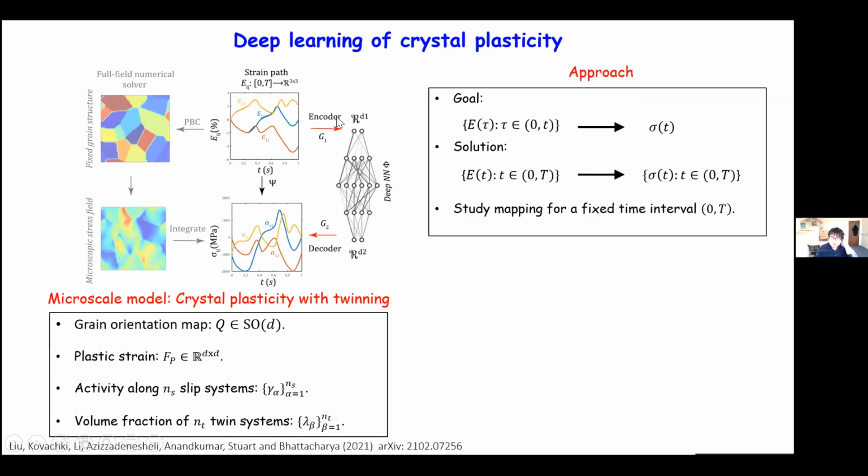So what we have tried to do is exactly replace this expensive solution procedure using this PCA-Net. Our goal is to find the mapping, or the operator, which maps the macroscopic strain trajectory E(t), defined on a fixed time interval 0 to T, to the macroscopic stress trajectory sigma(t), defined again on the interval 0 to T.